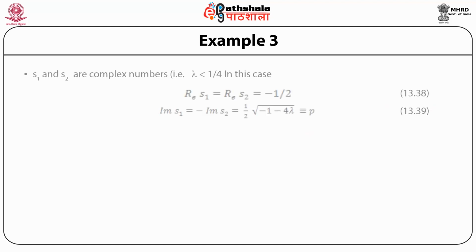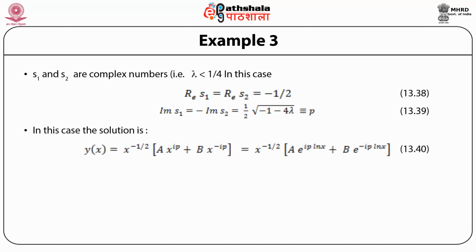If the roots s1 and s2 are complex, which will happen when lambda is less than minus 1 by 4, in this case, the real parts of the two roots are equal. So the real part of s1 is equal to the real part of s2, which is equal to minus 1 half, and the imaginary part of s1 is minus the imaginary part of s2, which is equal to half under root of minus 1 minus 4 lambda, which we write as p.